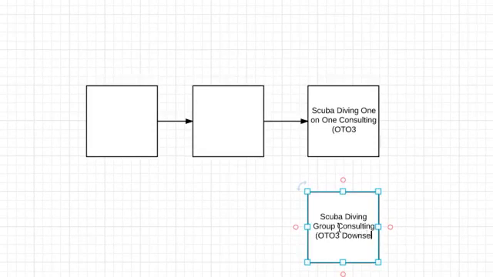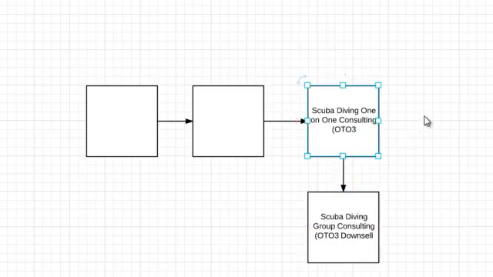We'll call that downsell. So a downsell is basically if somebody says no to this, they are then presented with this, right? So that's basically how it works. Now, how can we best ultimately sell this OTO3 here?